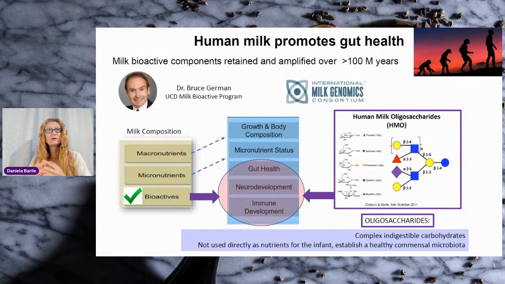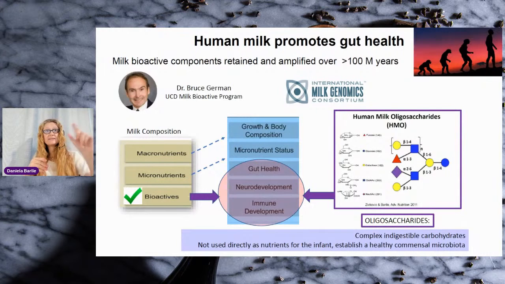So that's why breast milk was a really ideal food to start from. The bioactive molecules of breast milk have been retained and actually amplified over more than 100 million years, selected by evolution. So they must be really doing something good for human health.